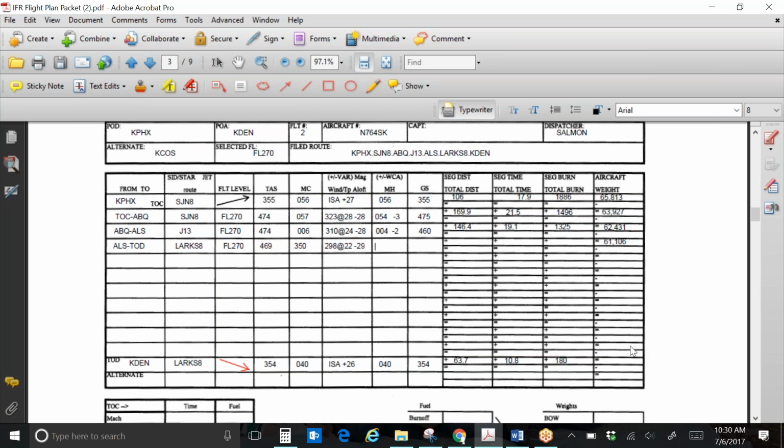My course is 350, true airspeed is 469, wind direction is 298, 23. So it shows my ground speed of 454, so I was 1 off, wind correction angle -2. So it looks like a 15 knot headwind with a wind correction angle of -2.